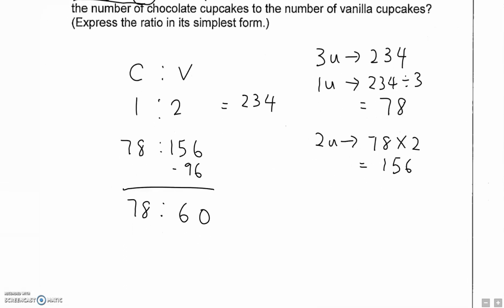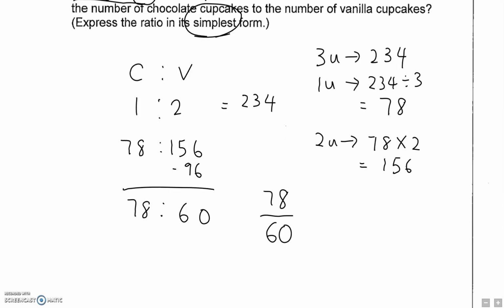Okay, now you will need to express this new ratio in the simplest form. Now if you remember, we said this, are we able to type ratio into our calculator to help ask the calculator to simplify for us? Yes, it can be done. Okay, just imagine 78 is to 60 is the same as 78 fraction out of 60.